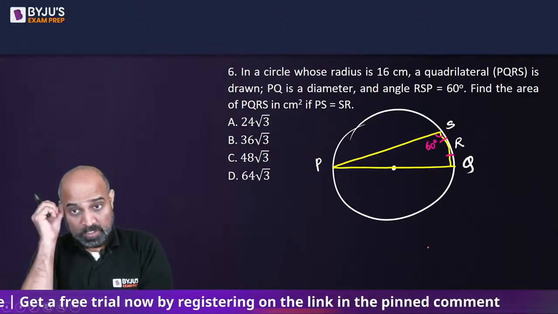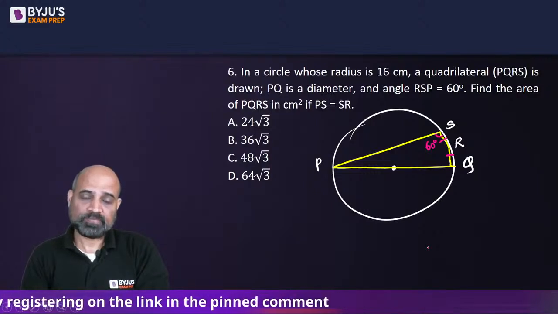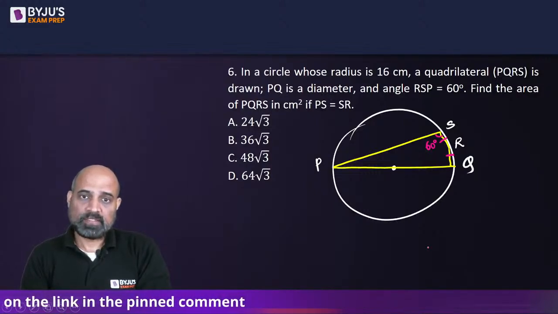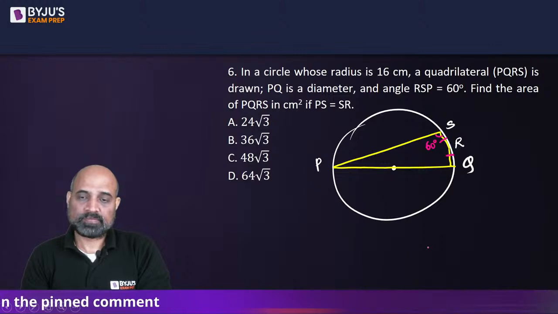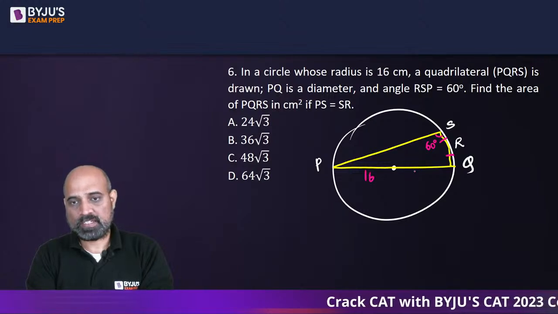So we need to find out the area of this particular quadrilateral. And radius is 16, so this is 16 and this is 16.